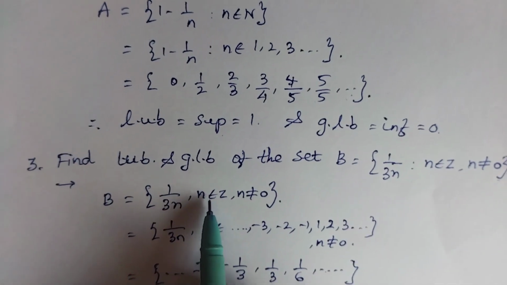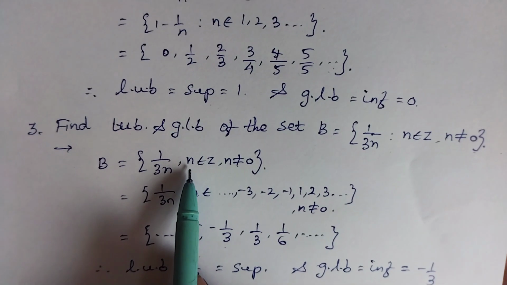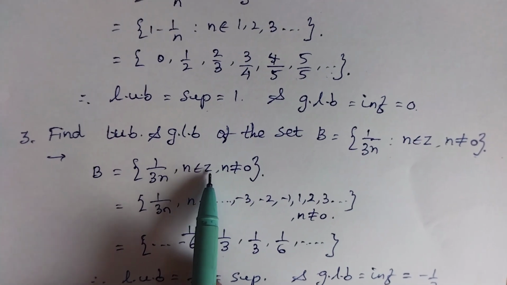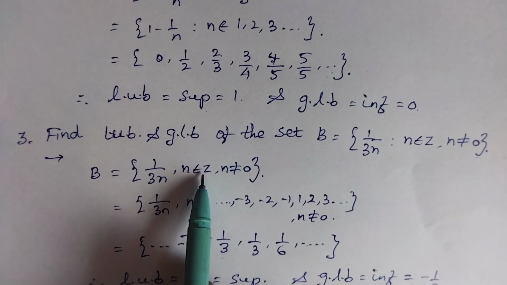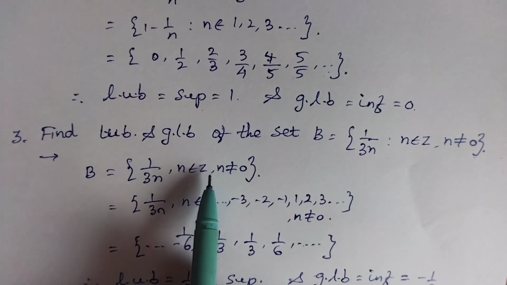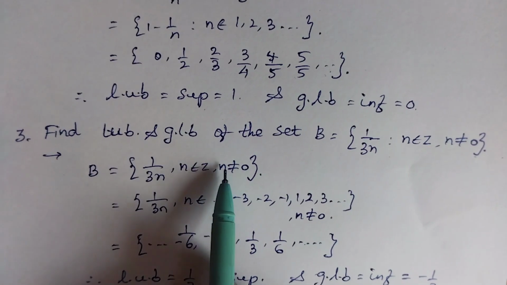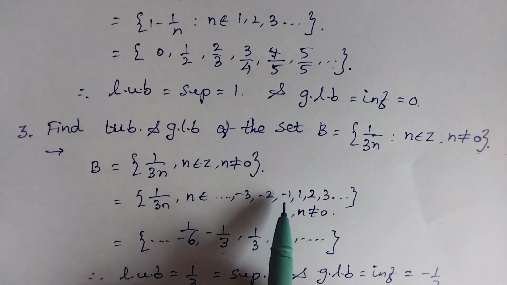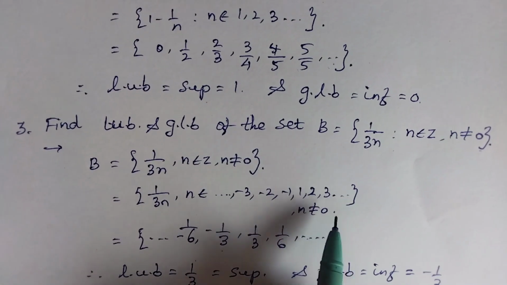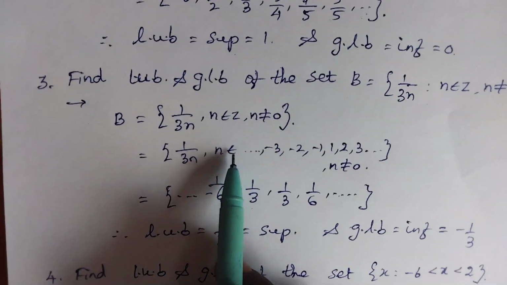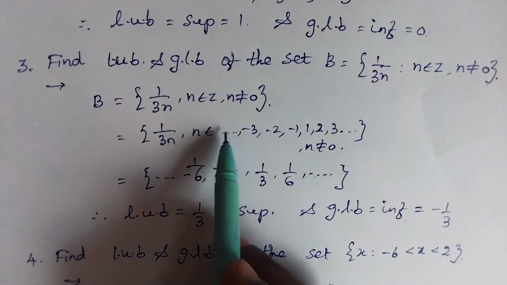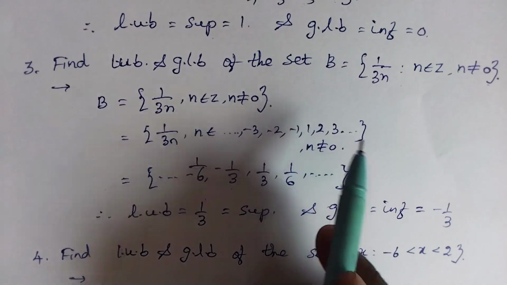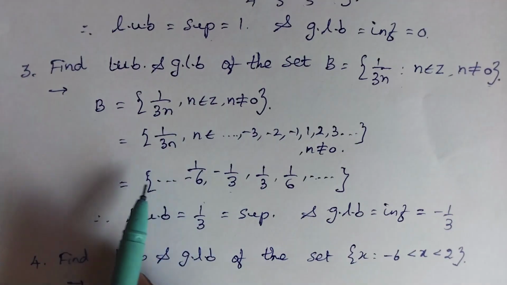We know that Z is the set of integers, both positive and negative, but here n is not equal to 0, so we have to neglect n = 0. Here n belongs to minus infinity to plus infinity, with n not equal to 0. We have to consider this.